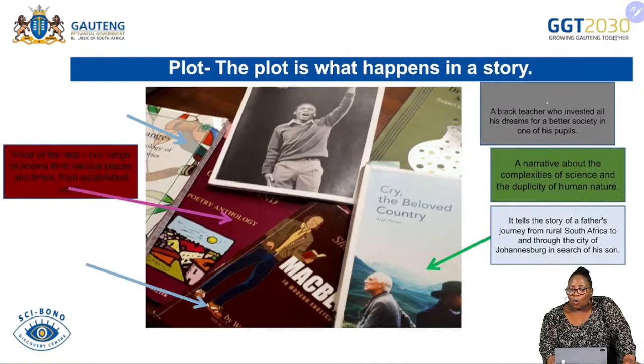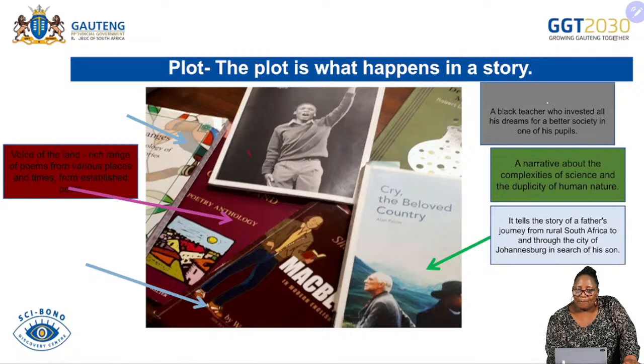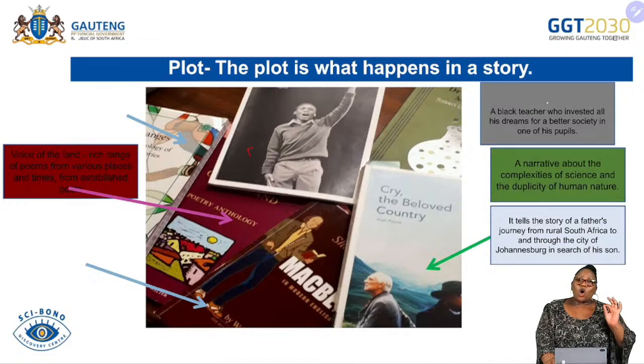And we have My Children! My Africa! What is it all about? It's about a black teacher who invested all his dreams for a better society in one of his pupils. And you know that pupil, isn't it? Yes, that very one, Thami. Okay.